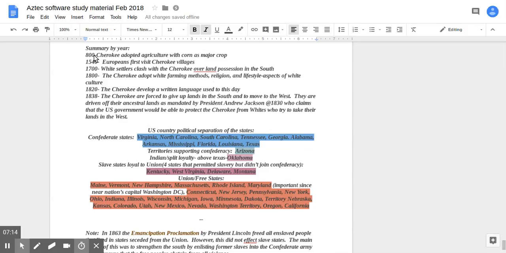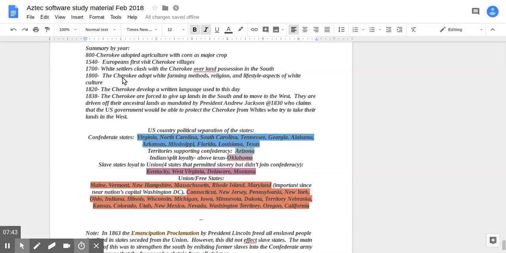In the 1800s, Cherokee Indians adopted agriculture with corn as their major crop. In 1540, Europeans first visited Cherokee villages. In 1700, white settlers clashed with Cherokees over land and possession in the South, mostly.